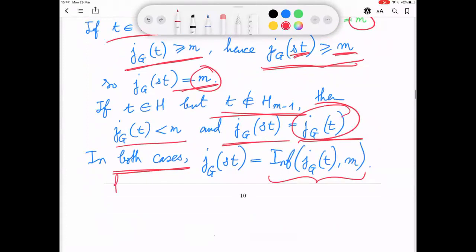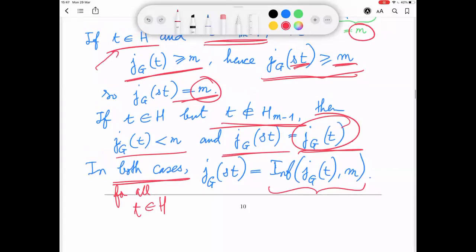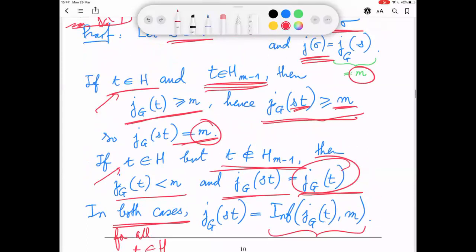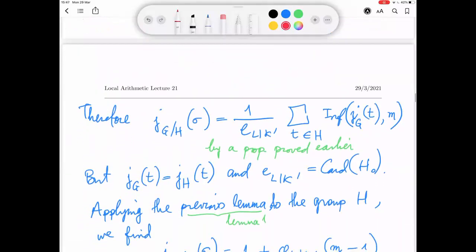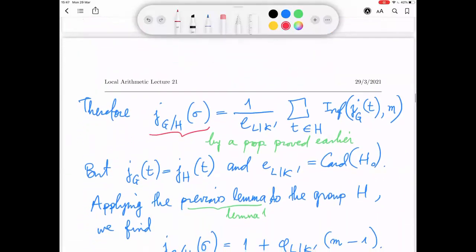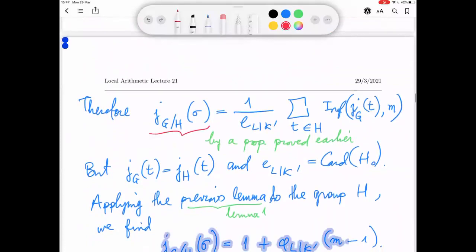This is for all T in H, right? We had started with the T in H here. So either that was one case and this is the second case. In both cases, you have this. And therefore, J of sigma for G modulo H, this is what I had recalled at the beginning today.